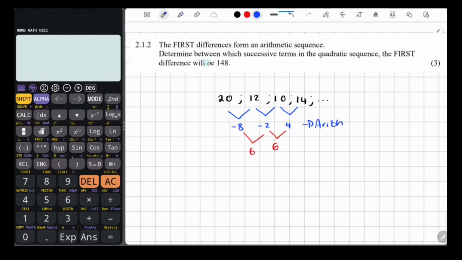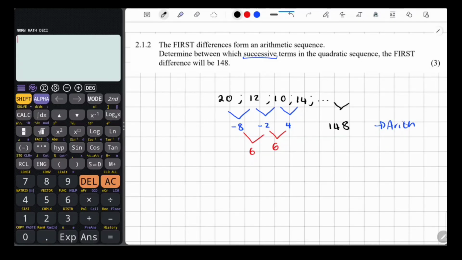And they ask us to determine between which two successive terms, terms that come after each other, in the quadratic sequence there will be a first difference of 148. So in this arithmetic pattern, where do we find out between which two terms in the quadratic pattern you will have a first difference of 148.